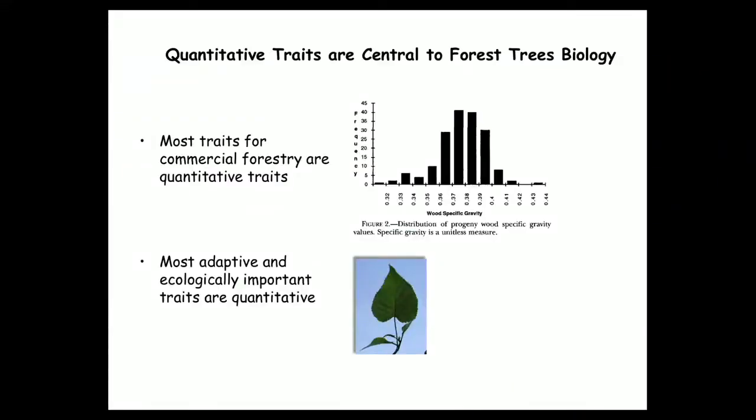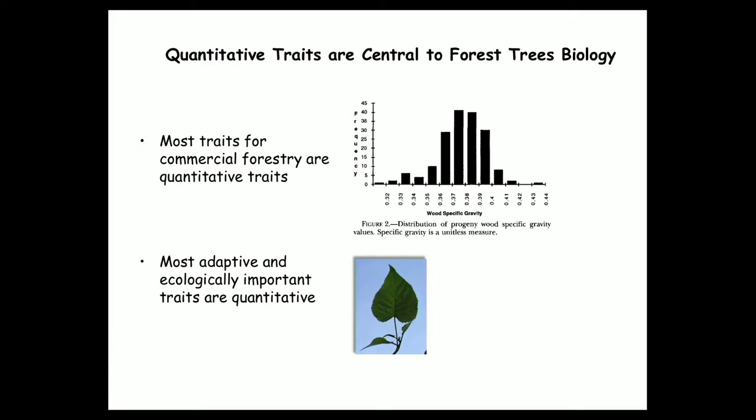So for forest biology, most traits that are important, not all, there are some simply inherited traits, but most important traits are quantitative. So for example, for commercial forestry, this graph is showing wood-specific gravity, the frequency of individuals with increasing wood-specific gravity within a loblolly pine pedigree.